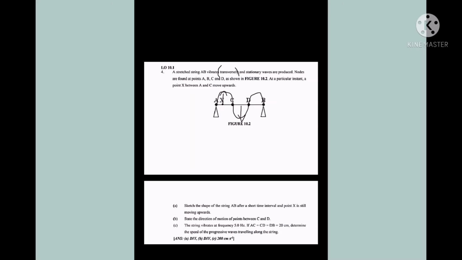Okay, and then the last question, question C. The string vibrates at frequency 5 Hz. If AC equals CD equals DB equals 20 cm, determine the speed of the progressive wave traveling along the string.